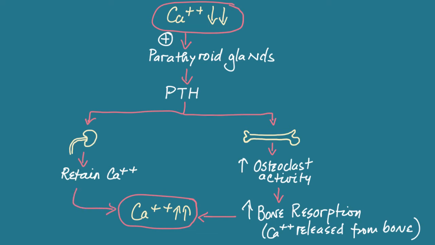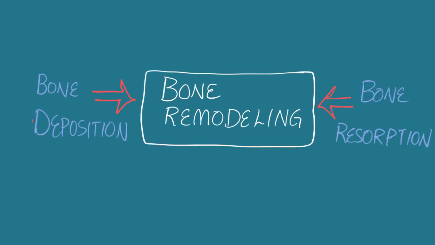The kidneys help to retain calcium, and that too increases calcium levels in blood. This also takes place in a negative feedback loop, resulting in increasing blood calcium levels. The continuous process of bone deposition and bone resorption is called bone remodeling.